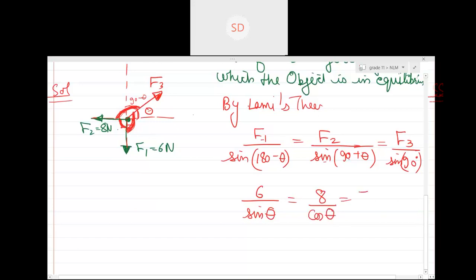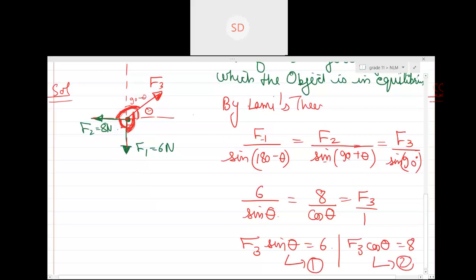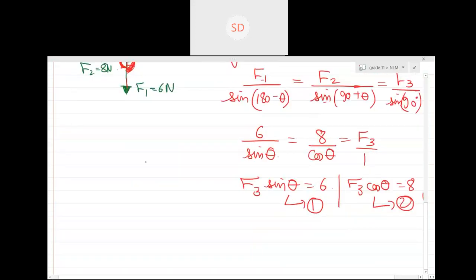And sine 90 is 1. So can you see from here? F3 into sine theta is equal to 6, and F3 into cos theta is equal to 8. Yes or no? Can you see there are two equations, two variables? Solvable? Guys, is this solvable?